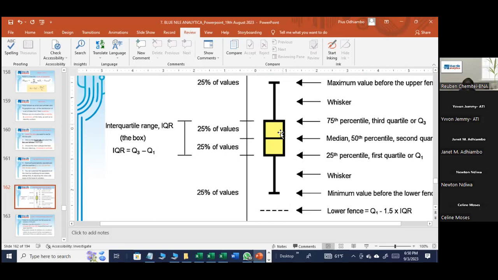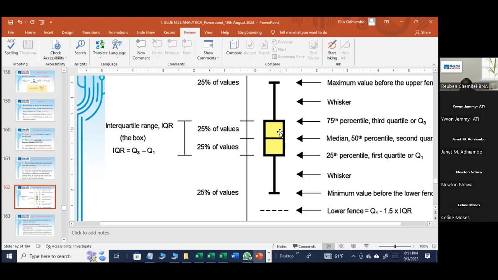So a box plot will be able to give us the summary of all these values that we are talking about. And that's why you will find that for data which is well balanced, the median or the mean is at the center, just the way it's at the center here.